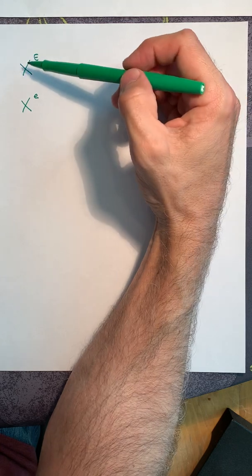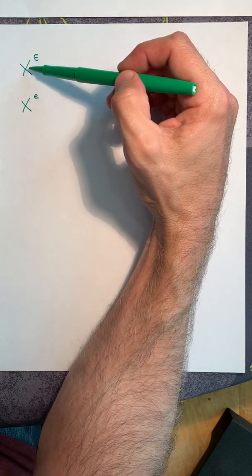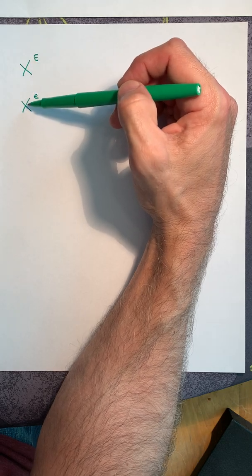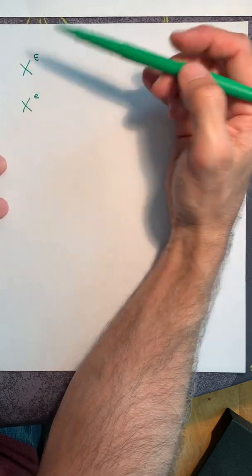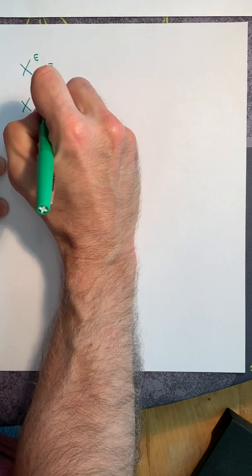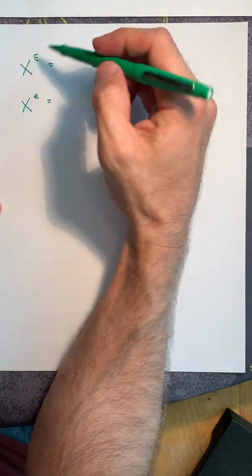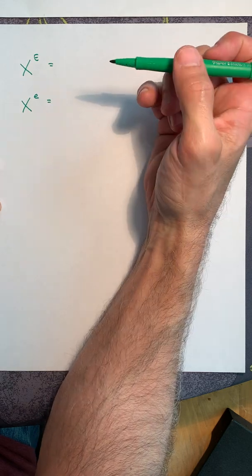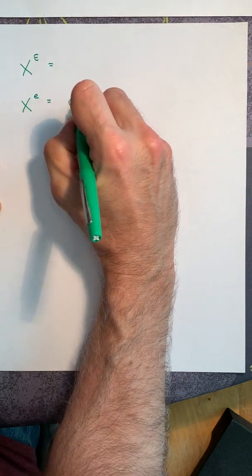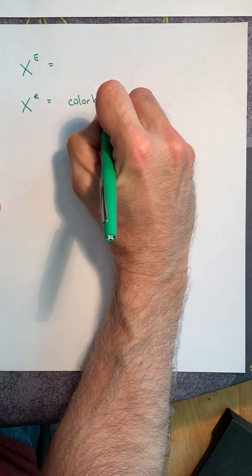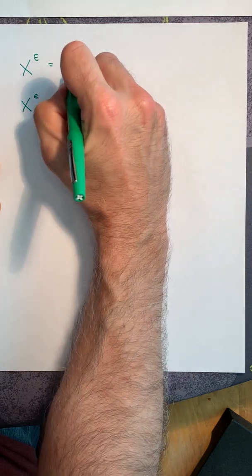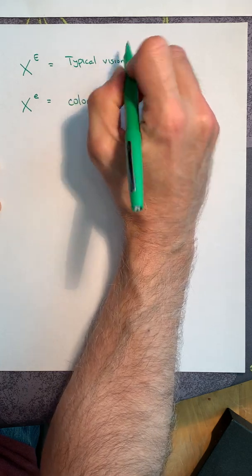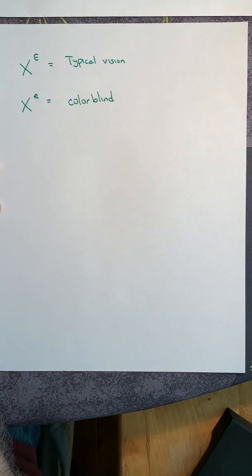So here is your 23rd chromosome, the X, with the color blindness allele here, and the other X with the typical vision. So go back to the problem and find out, is color blindness dominant or is color blindness recessive? It turns out that color blindness is recessive, which means the typical vision is dominant. So those are your 2 choices for the X.